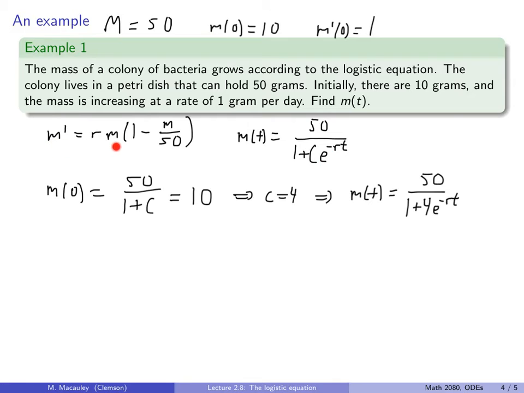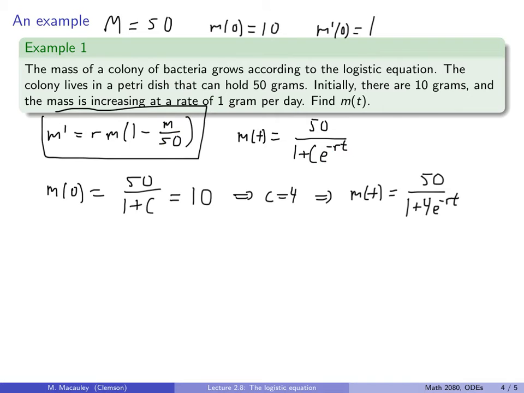This equation here is the logistic equation. This holds for all time t. This is m prime of t. So you can think of this as m prime of t, m of t, and m of t. So I can certainly plug in t equals 0.